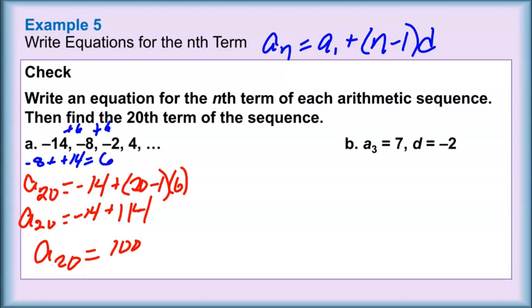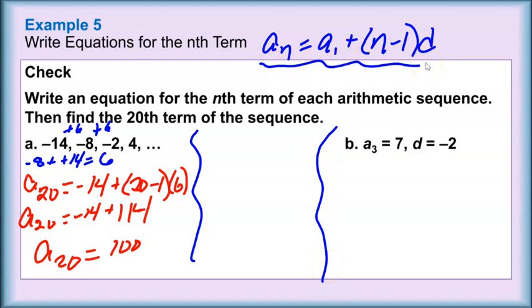Second example here, we don't have a sequence, but we know what the third term is. There are a couple ways you can do this, and I'll show you both methods. Method 1 is we're going to use this formula and rewrite it to figure out what our first term is and then determine the 20th term from there. This is going to be our n, and this is going to be the term.